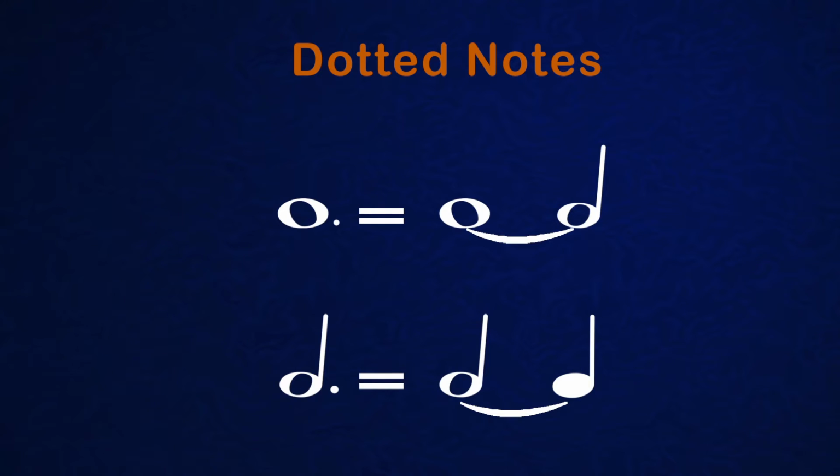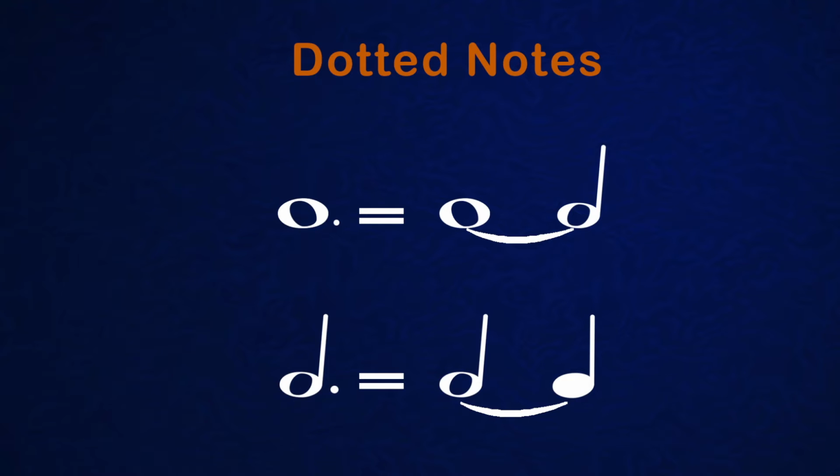What are these things? So in the previous video we spoke of note values. So what a dotted note is, look at this picture here. What you can see already is that a dotted note is essentially an extension of the principal note by half its value.